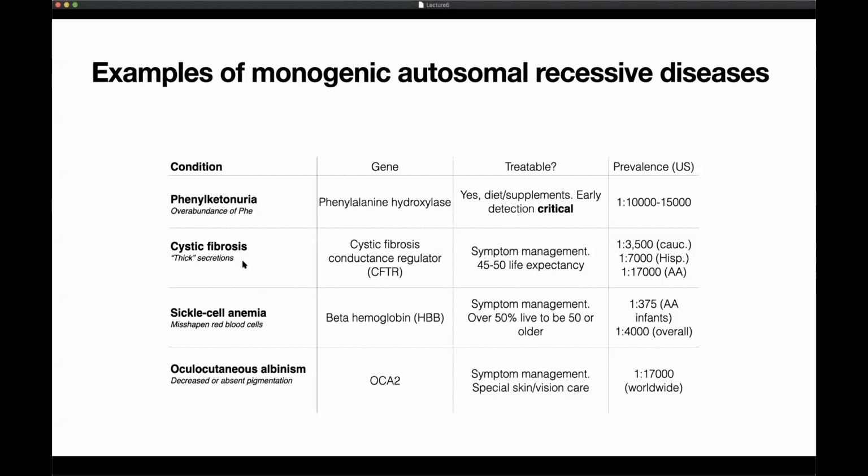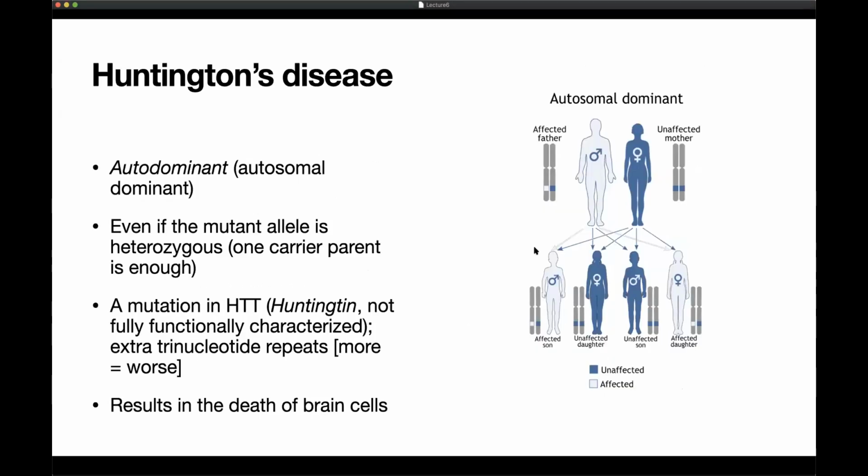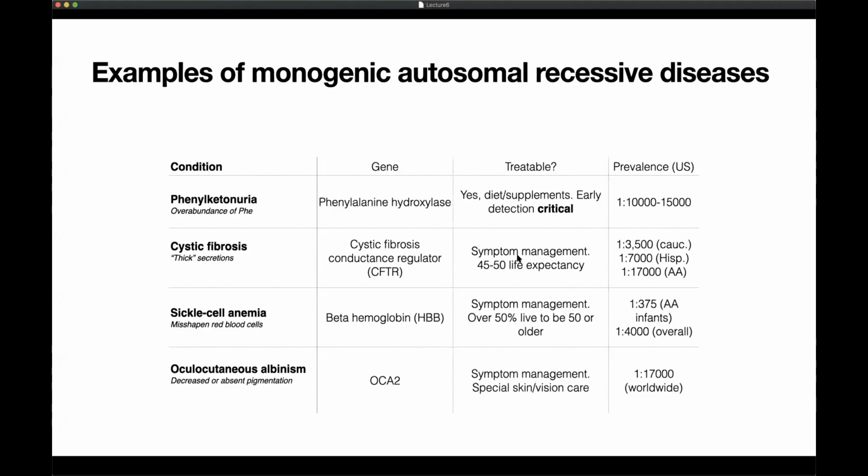So cystic fibrosis is a disease of, quote unquote, thick secretions. It's caused primarily by mutations in this gene called CFTR, cystic fibrosis transmembrane conductance regulator. The disease itself is not treatable, but you can manage the symptoms and have a fairly long quality life, so 45 to 50 years life expectancy.